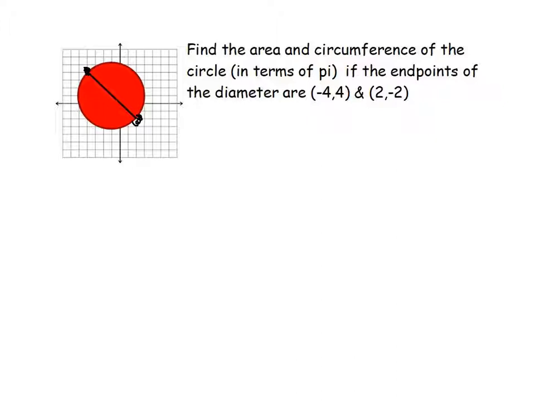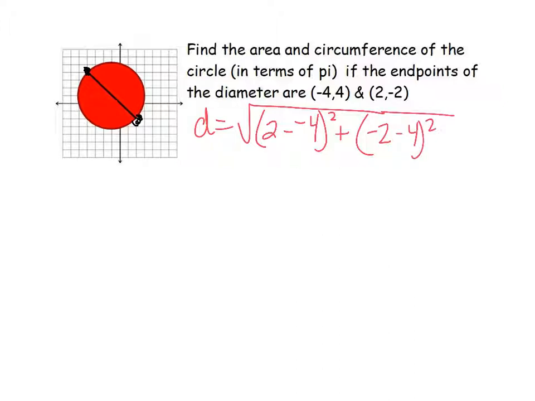That means do your distance formula, the distance between those 2 points. Again, that's x minus x, so 2 minus negative 4 squared plus y minus y, negative 2 minus 4 squared.